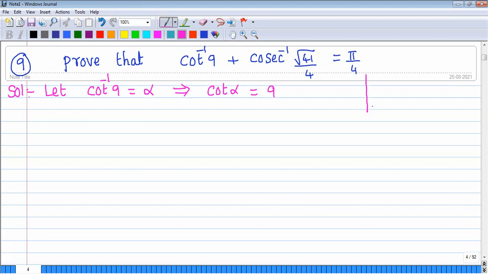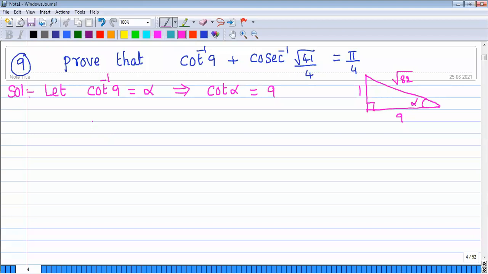Let us consider a right angle triangle with angle alpha. Cot alpha is equal to adjacent side by opposite side, 9 by 1. 81 plus 1 is 82, so the hypotenuse is square root of 82.